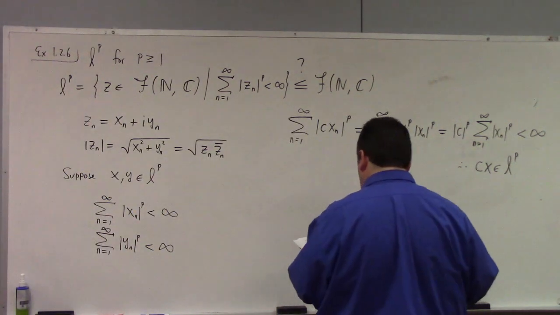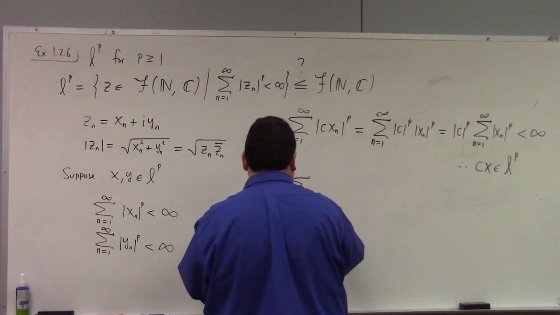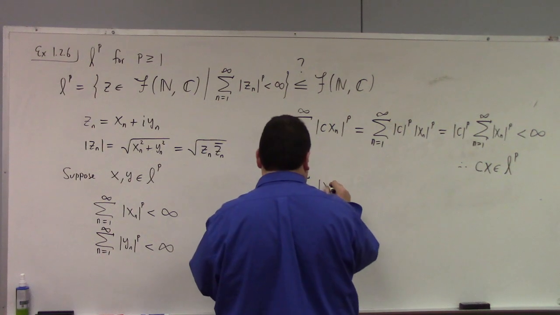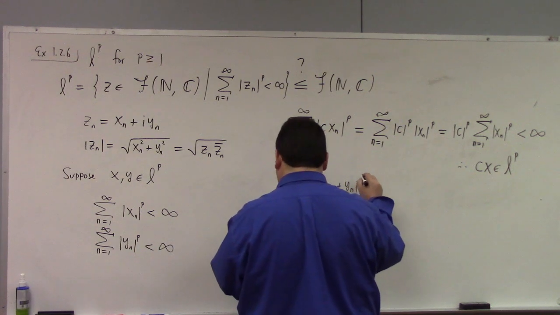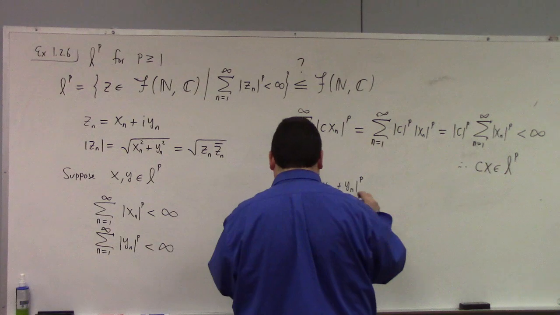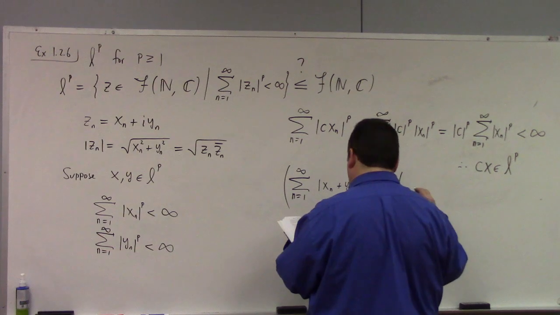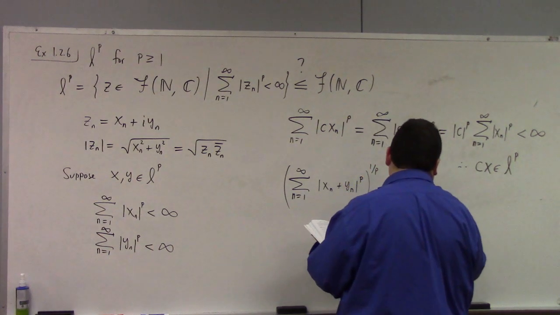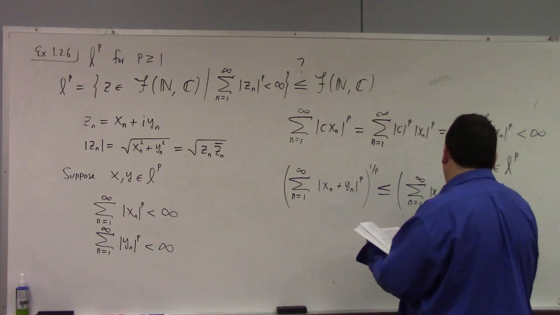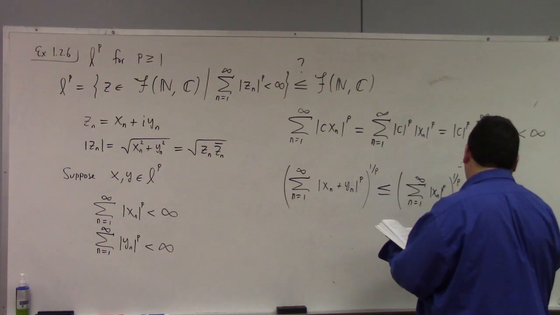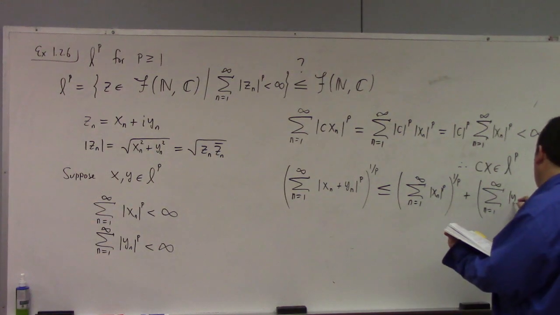Here's what Minkowski's inequality says: the pth root of the sum, n equals 1 to infinity, of the absolute value of xn plus yn to the p power, is less than or equal to the pth root of the sum, n equals 1 to infinity, of the absolute value of xn to the p, plus the pth root of the likewise series for y. So this is called Minkowski's inequality.